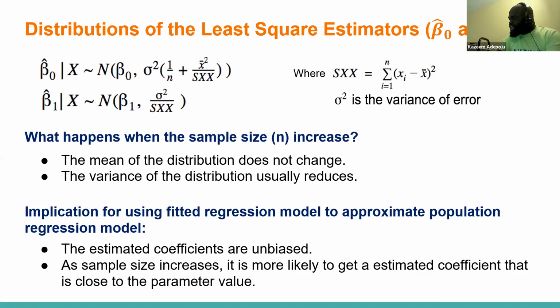That means it is more likely to get an estimated coefficient that is close to the parameter value, because when the variance of an estimator is very small, that is a condition for the estimated value to be very close to the parameter value. And that is what we call consistency.